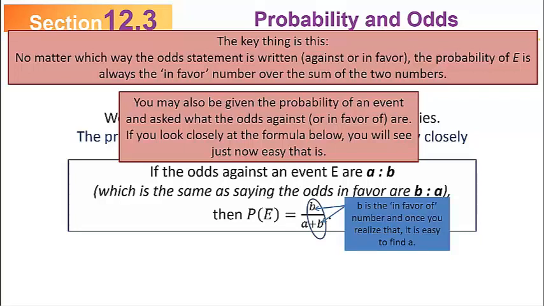So the numerator has the in favor of number, and the denominator has the sum of the in favor of and against number. So if you know the in favor of number and you're given a probability, you can figure out what the against number is by subtraction.